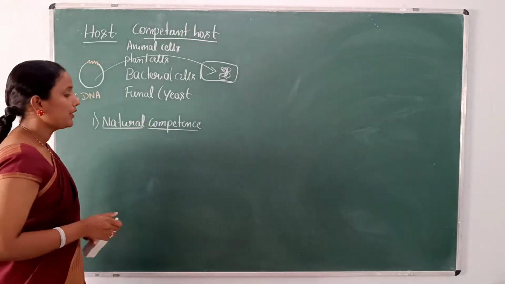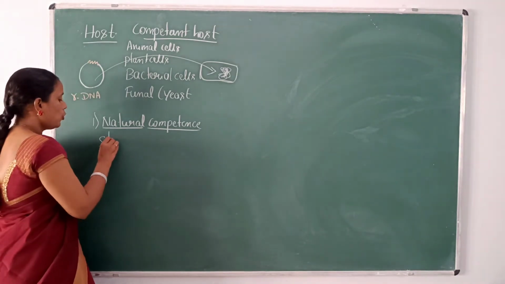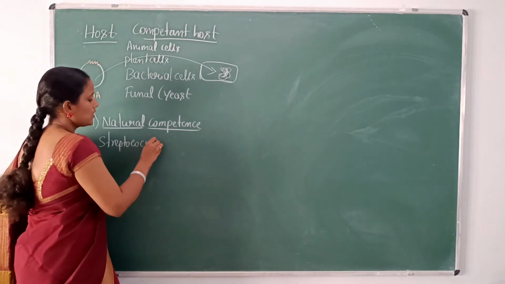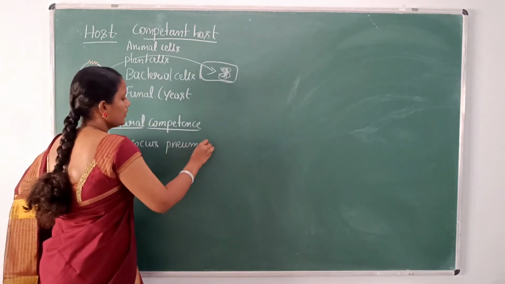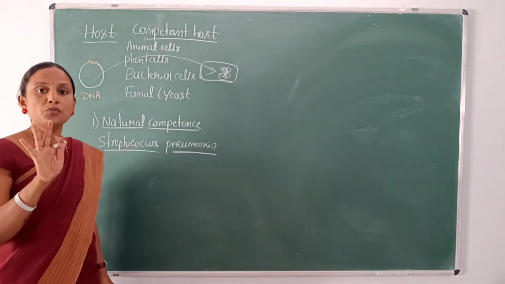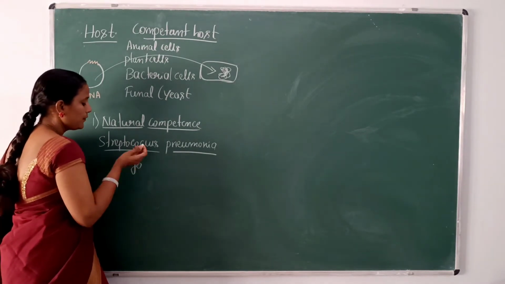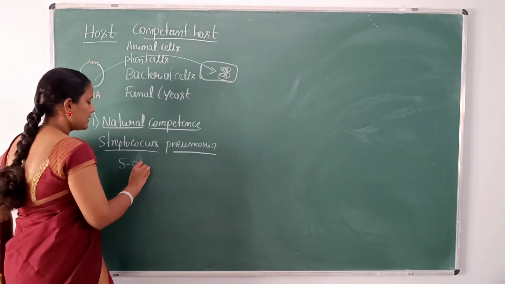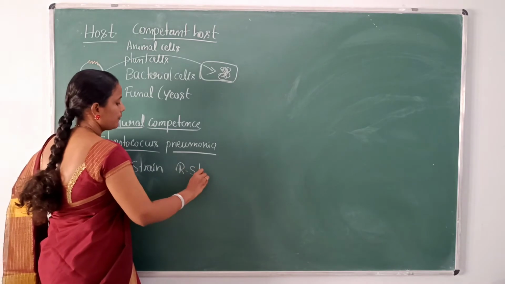You might have remembered it from molecular basis of inheritance, where Streptococcus pneumonia is a bacteria. It is present in two forms. One is S form, or we can say S strain, and R strain.